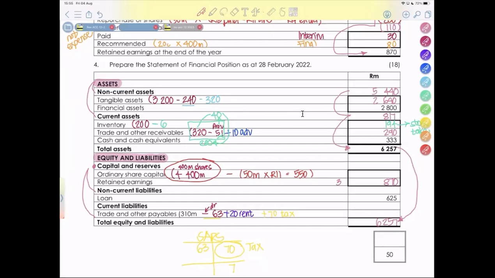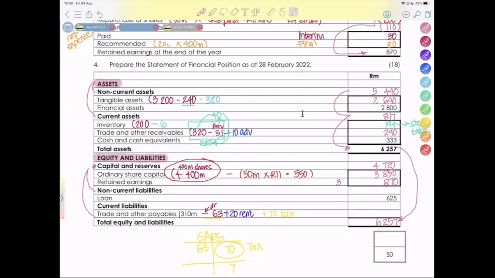When you take your 4,400 million rand of the original share capital, subtract the buyback of 550, you'll see that your new amount should then be 3850, which gives you a new capital and reserves amount of 4720. And then everything works out.